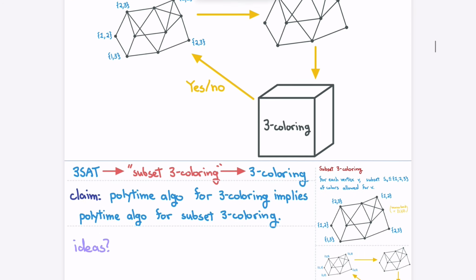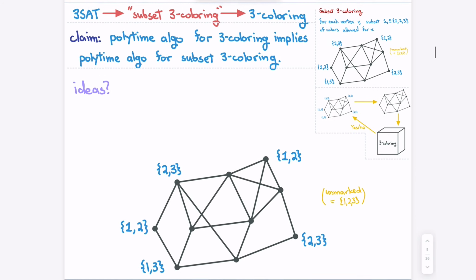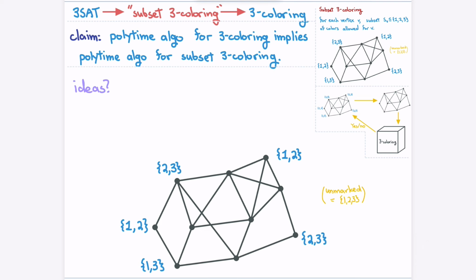Okay. Do I have any ideas? I do. Good. All right, so here's your input. It's some kind of subset 3 coloring problem. Any ideas for how to turn this into a 3 coloring problem?